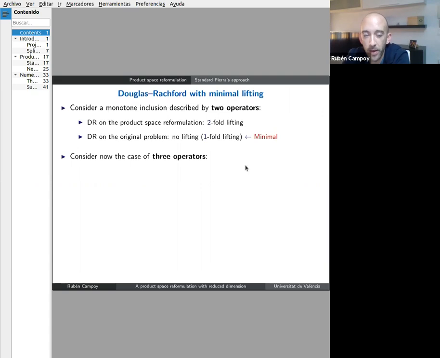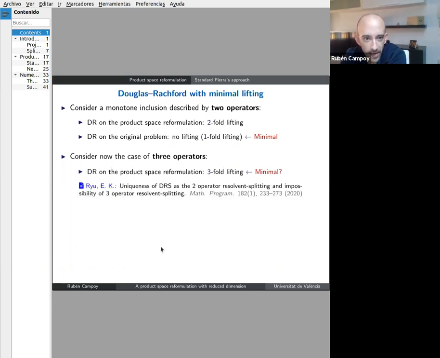In the case of 3 operators, if we implement DR on the product space, we get 3-fold lifting. So the question was, is that the minimal lifting for DR? The case is that it was tackled by Ryu in this 2020 paper. And in here, Ryu showed that it is impossible to have 1-fold lifting.